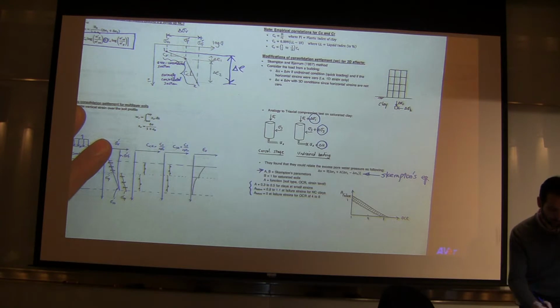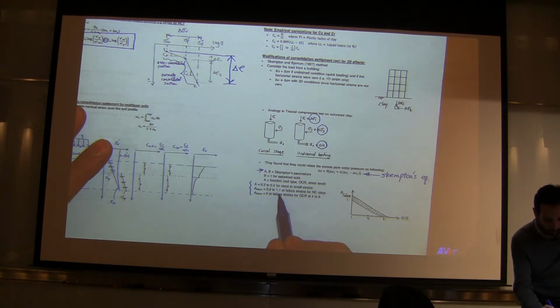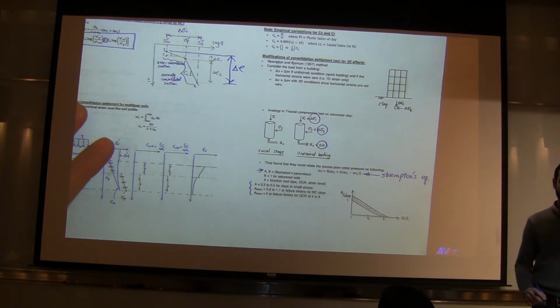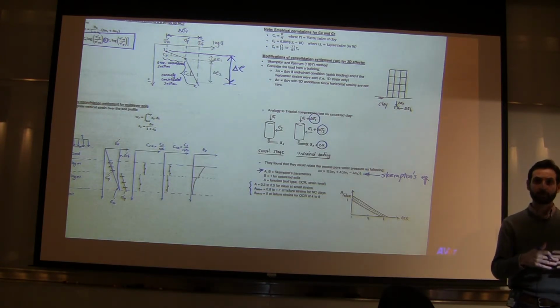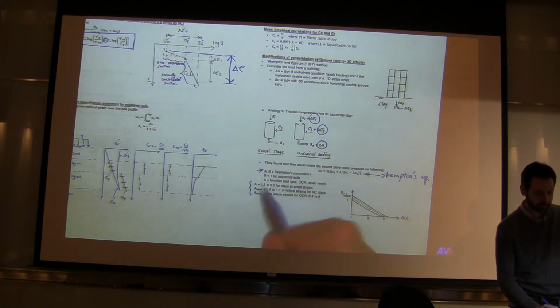So this is what I expect you to know. For clays at small strains, A ranges between 0.3 to 0.5. For A at failure, it ranges between 0.8 to 1.5: 1.1 for NC clays, and essentially 0 for OC clays of 4 to 8. And in the problem examples, I'll tell you which case we are at, so then you can pick the average value from one of those cases.